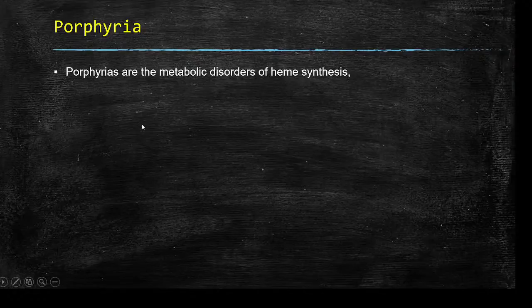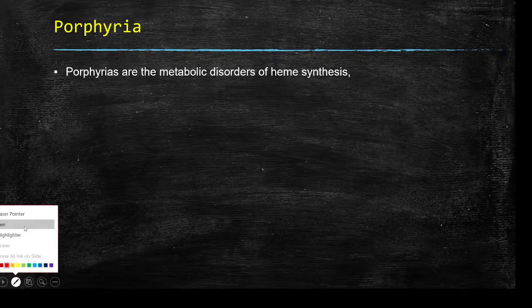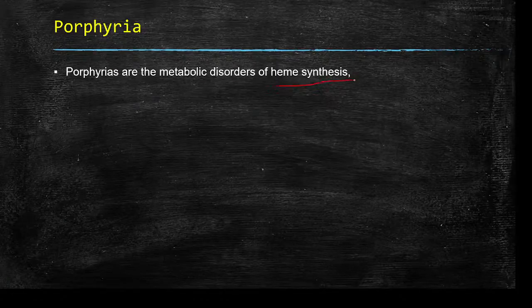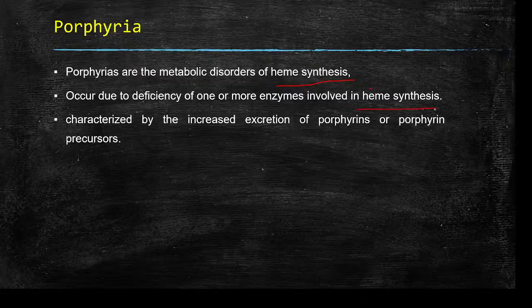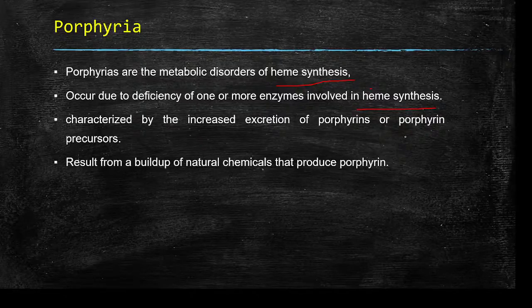So porphyria. Porphyrias are metabolic disorders of heme synthesis. These are the metabolic disorders of biosynthesis of heme. This occurs due to deficiency of one or more enzymes involved in heme synthesis. This is characterized by increased excretion of porphyrins or porphyrin precursors.